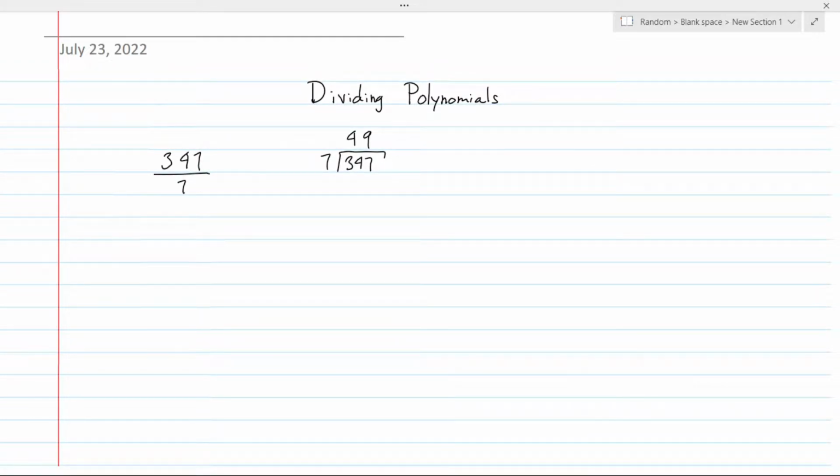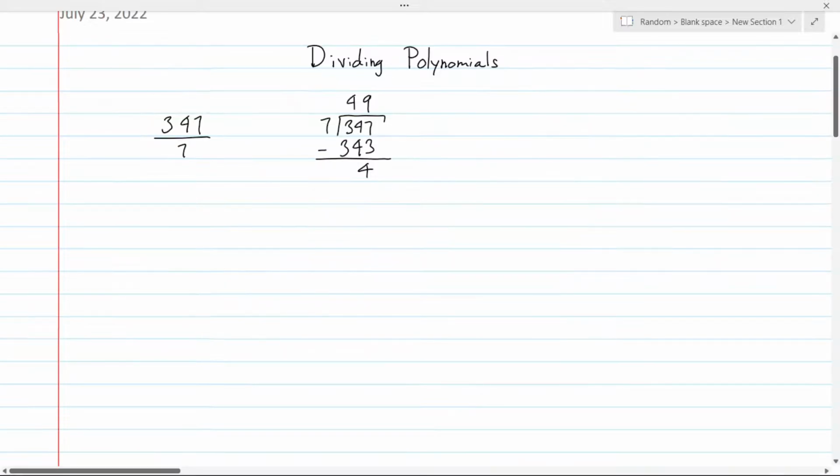And 7 times 49 is 343. So if I subtract these two together, I get a remainder of 4. So this tells me that 347 divided by 7 is equal to 49 plus 4 over 7.